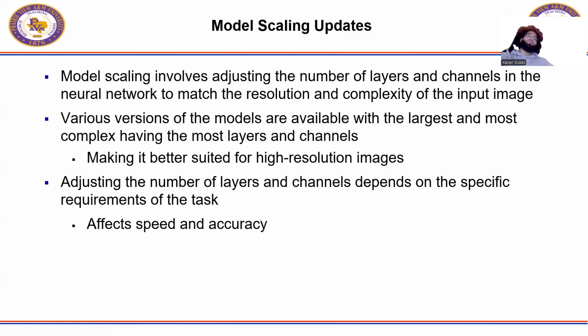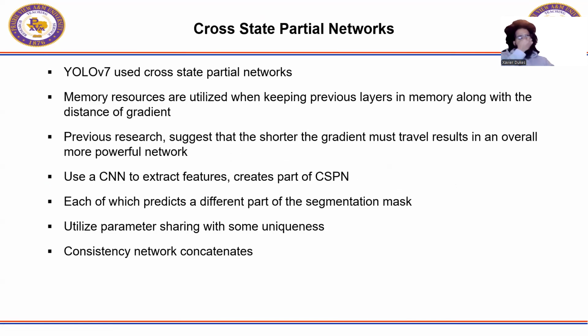And then YOLO V7 is the first to introduce cross-stage partial networks, where memory resources are utilized that keep previous layers in the memory along with the distance from the gradient. Previous research suggests that the shorter the gradient must travel, the more powerful the network overall.